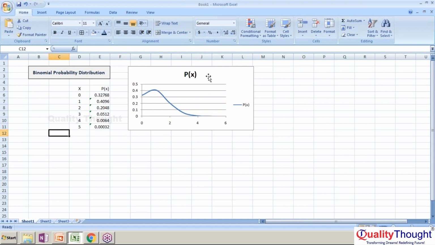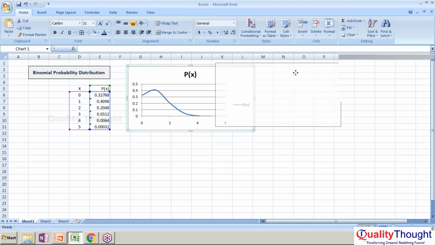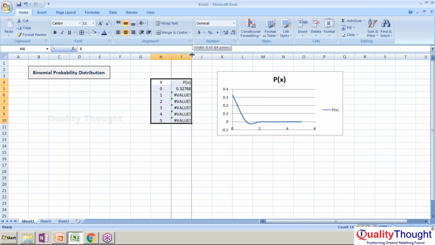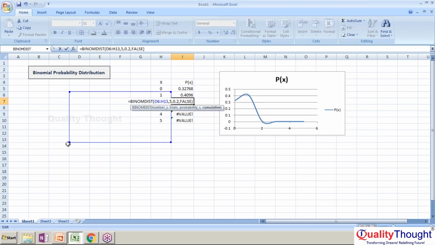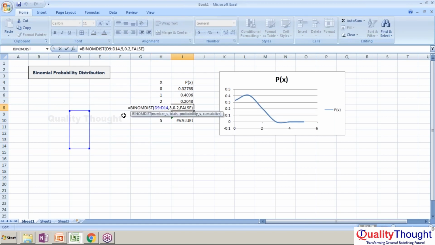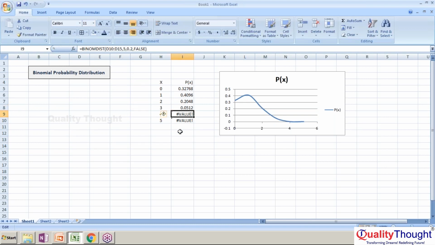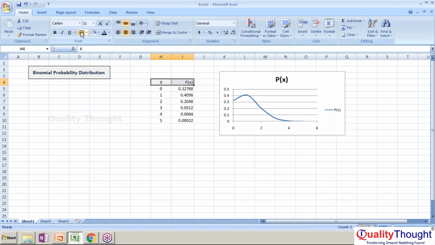So you were asking about binomial distribution. Guys, this is a formula.